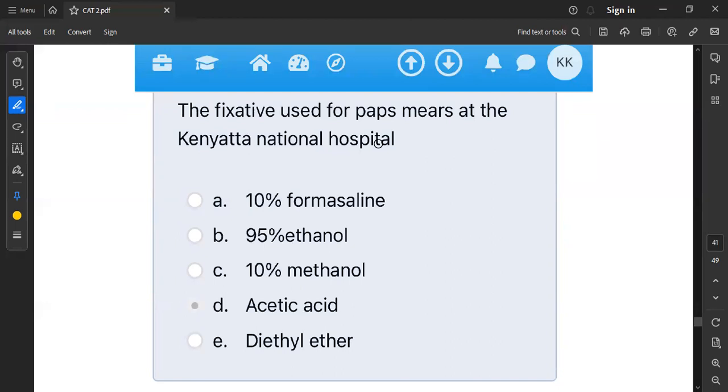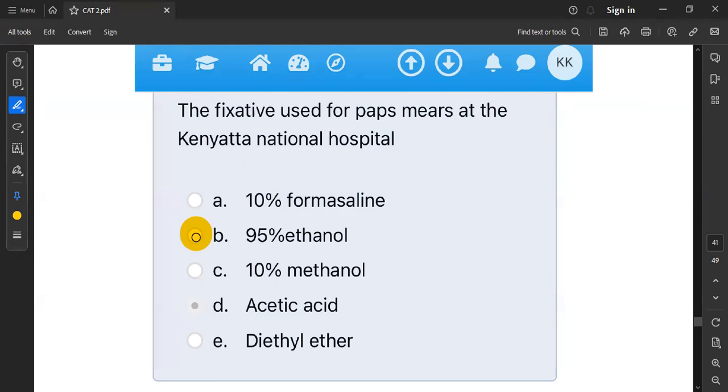Any other responses? Yes, so the correct response is B, 95% ethyl alcohol, which is the same as ethanol. Acetic acid is used for visualization, and the one used at Kenyatta is 95% ethanol.